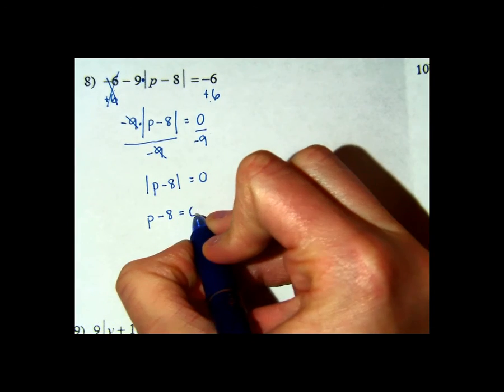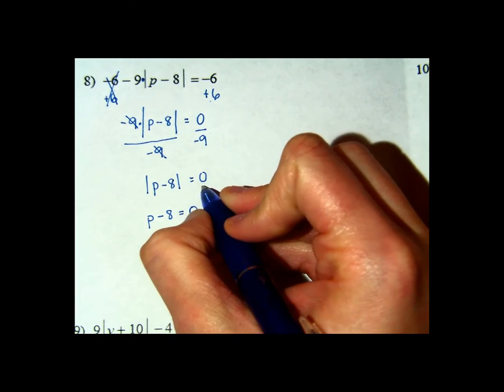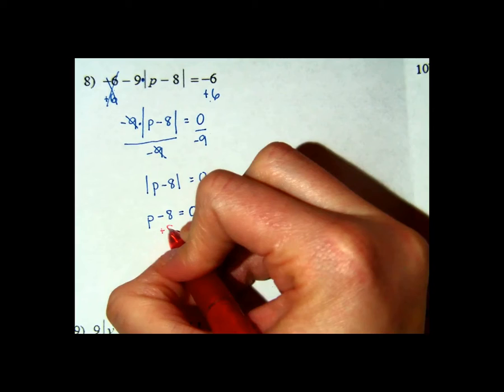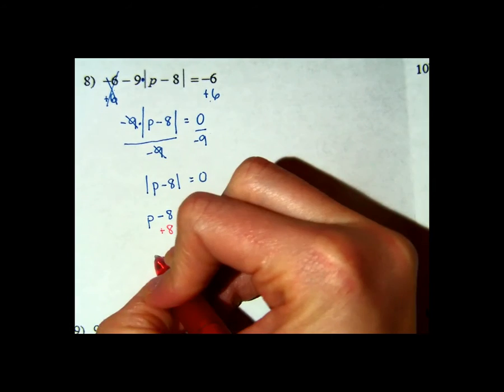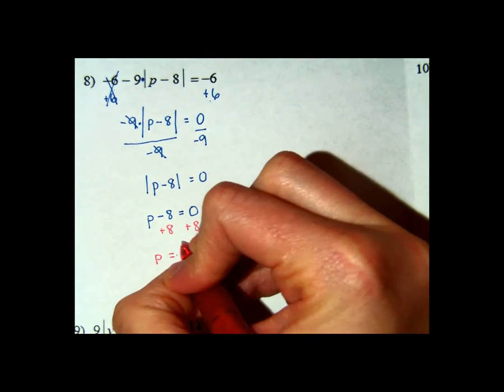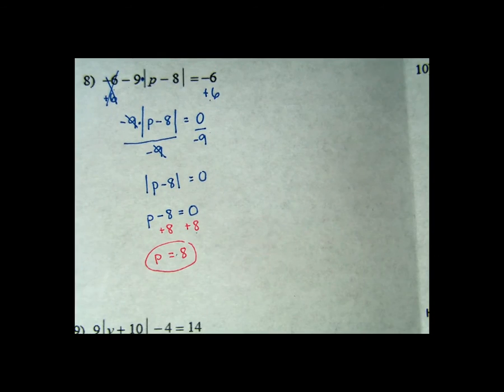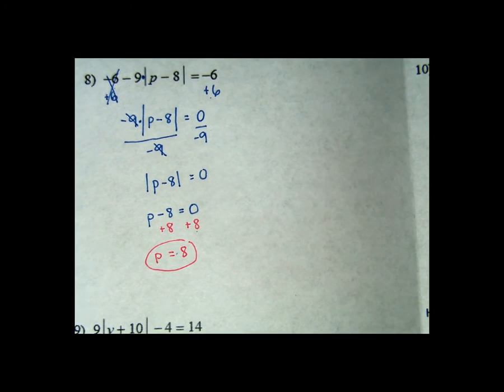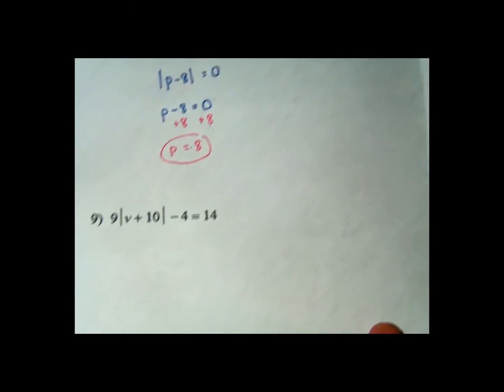So I can't create two cases if I have a 0 here. I have to create one case and solve this equation, which means there is only one possible answer for this question. So we could have two answers, we could have no answers, or we could have one answer. Two solutions, one solution, no solutions. Let's work with number 9.